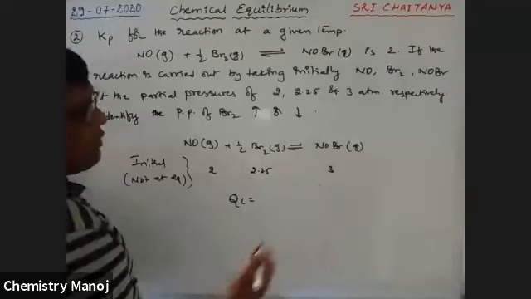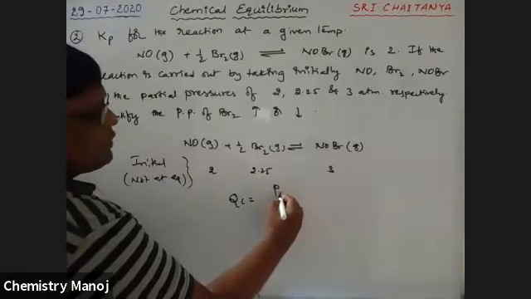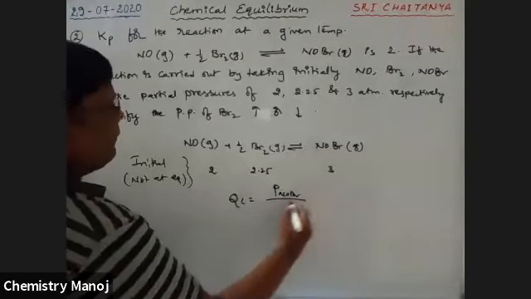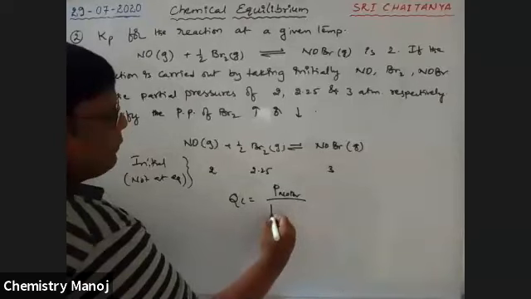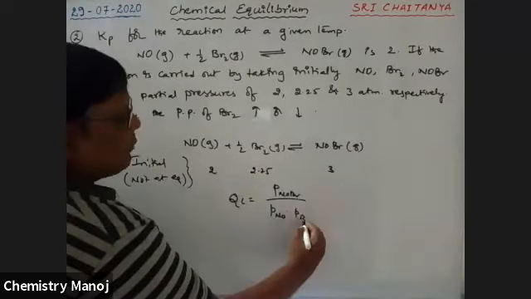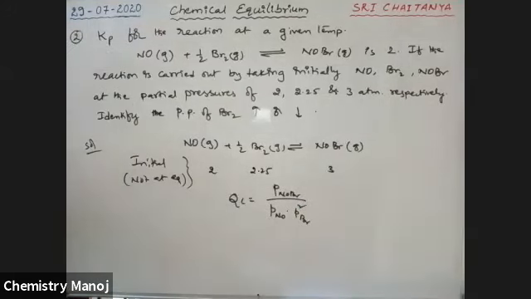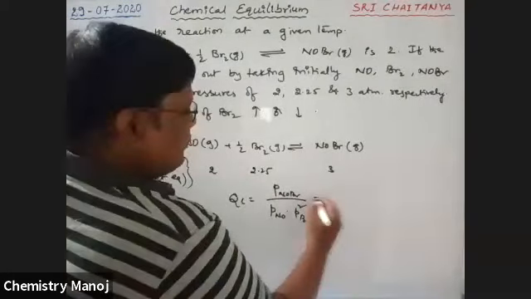Qc is just similar to Kc: the partial pressure of NOBr divided by the partial pressure of NO and the partial pressure of Br2 to the power half.